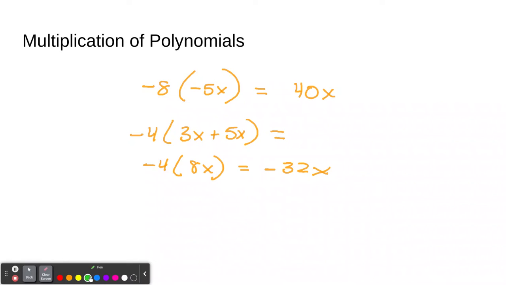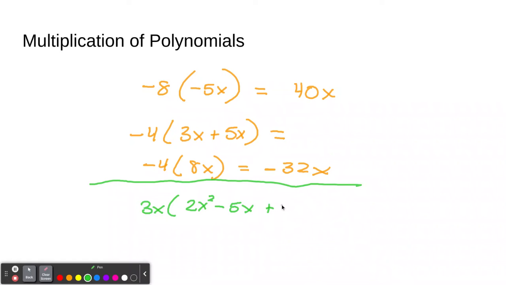All right, let's change the color, put a little line here, give you another one. So what if I gave you 3x and then we put in parentheses 2x squared minus 5x plus, pick a number, 2. Distribute this whole thing. And what do we get?